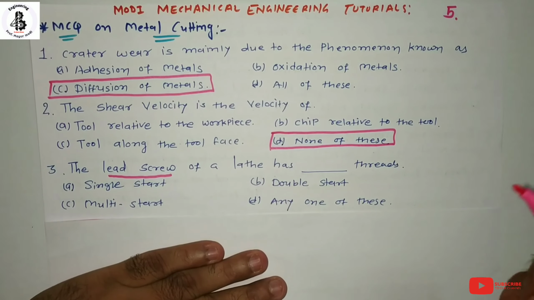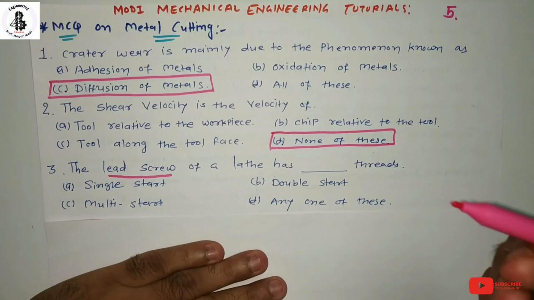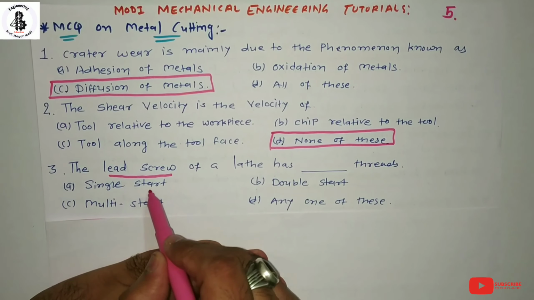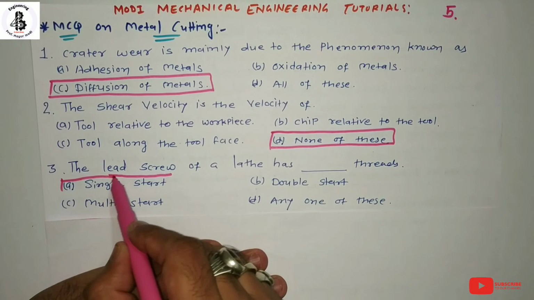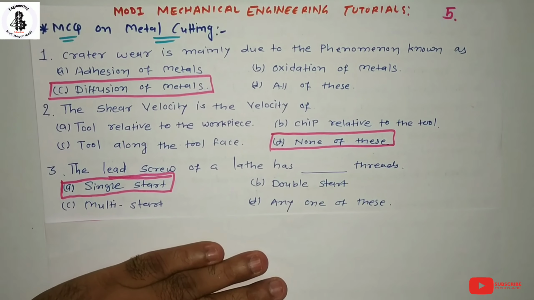For that continuous feeding mechanism, the lead must always be equal to the pitch. That is only possible in the case of a single start thread. So a single start thread is used in the case of the lead screw.